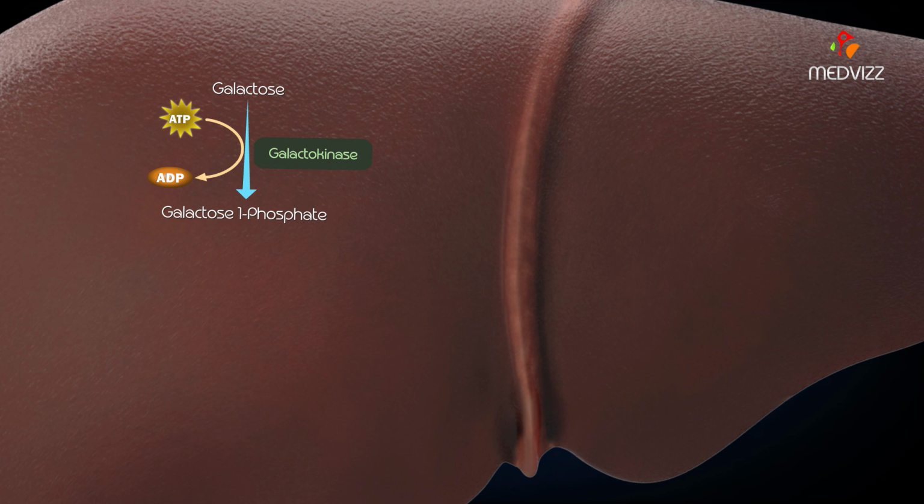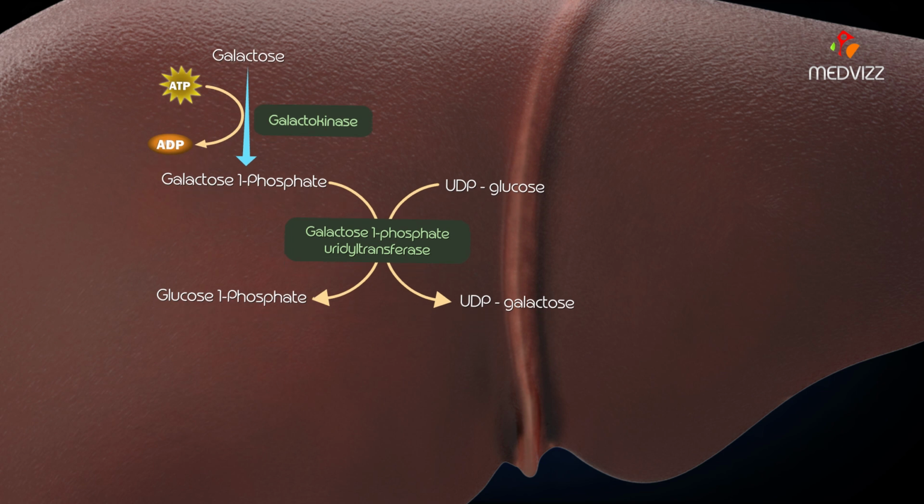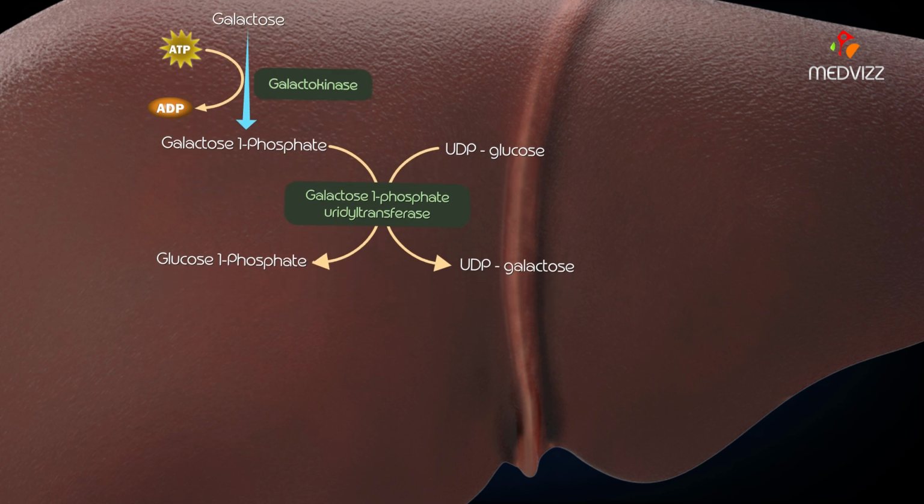This galactose 1-phosphate reacts with UDP-glucose in the second step in an exchange reaction to form UDP-galactose and glucose 1-phosphate in the presence of the enzyme galactose 1-phosphate uridyltransferase, which is the rate limiting enzyme of galactose metabolism.